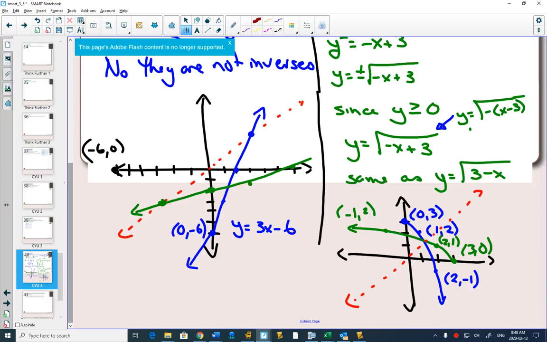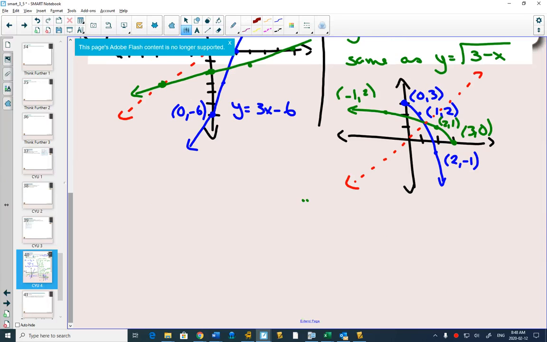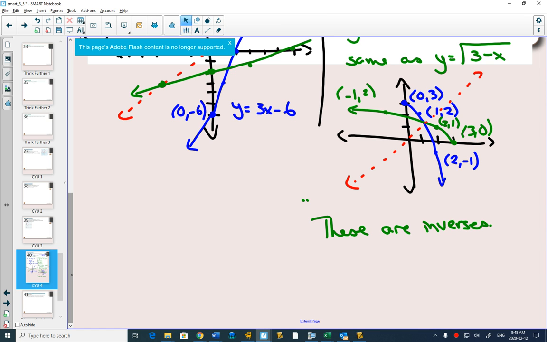They cross at the right spot. Looking at the points are switches of each other. So both graphically and algebraically, these ones are inverses of each other.